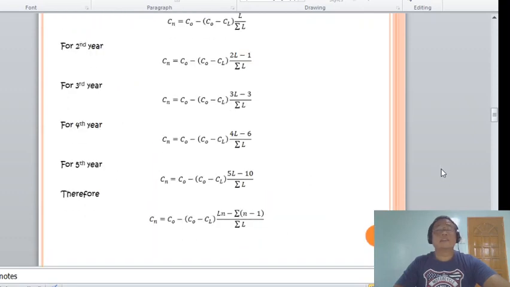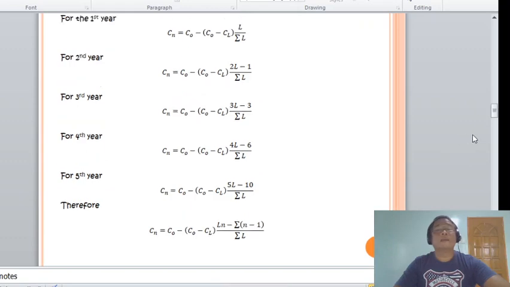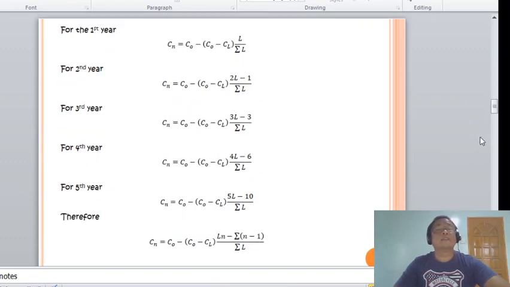So, here is, class, the derivation of the formula. Okay? If we look at the slides. For the first year, this is Cn is equals to Co minus Cl multiplied by L over summation of L. Okay?